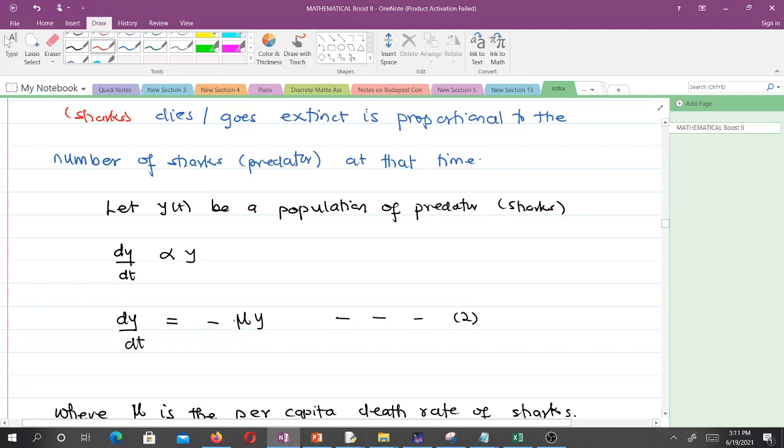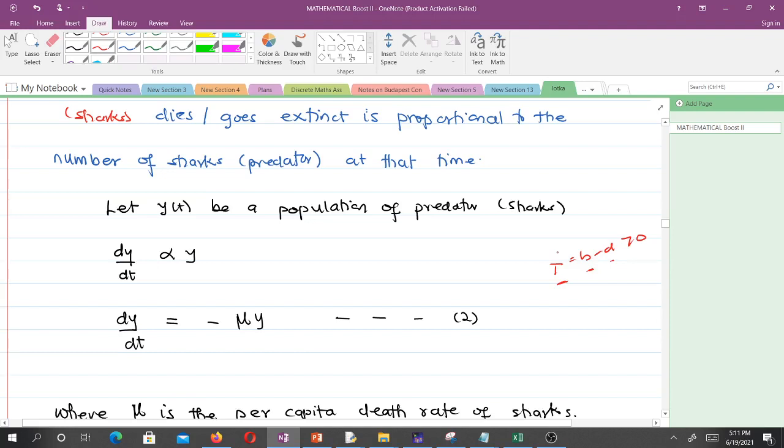Note that in equation 2 we have a negative because of the death. For equation 1, in the absence of the predators, the prey were going to grow exponentially. That means lambda, which happens to be b minus d, will be greater than 0, so it will be positive because the births will be more than the deaths.